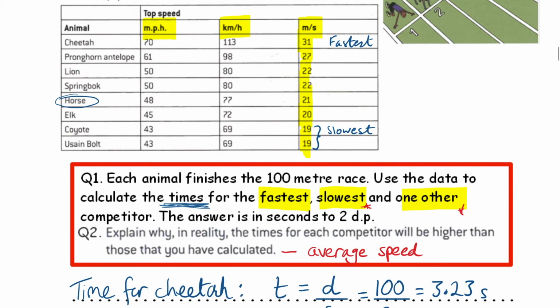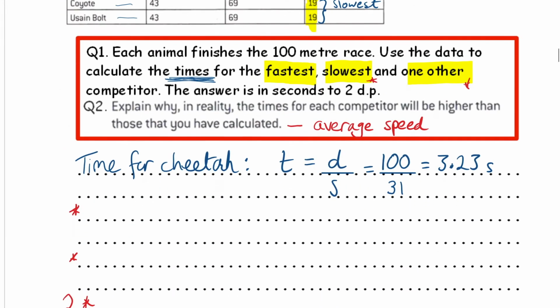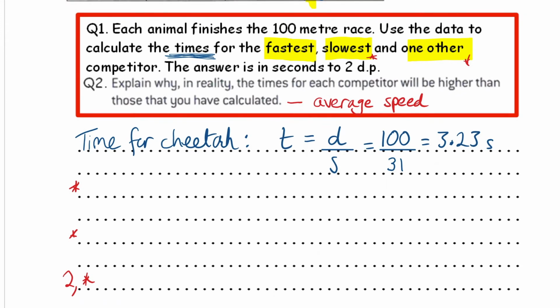Now that could either be the coyote or Usain Bolt, because they've got exactly the same top speeds. Question 2. Oh, by the way, I put 2 asterisks here and here, telling you need to do 2 calculations.